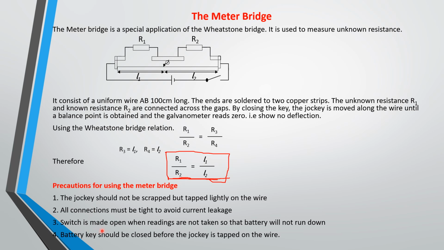Once you have taken your reading, you open the switch. Four: the battery circuit should be closed before the jockey is tapped on the wire, so make sure the circuit is completed before you start to tap the jockey. These are some of the precautions you need to take when carrying out an experiment using the meter bridge.